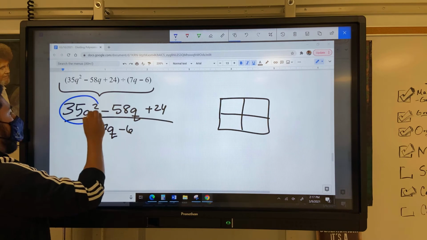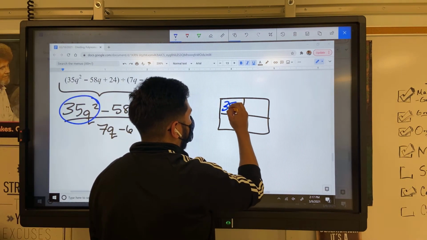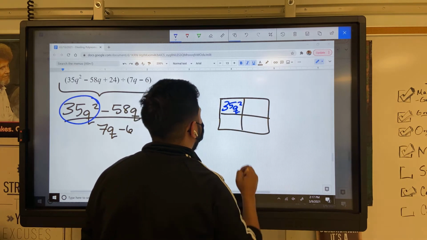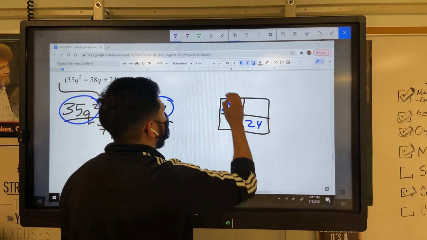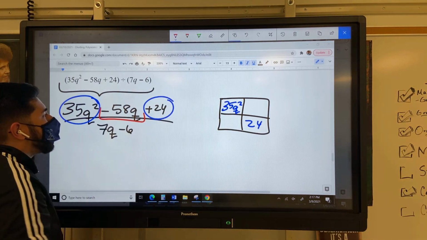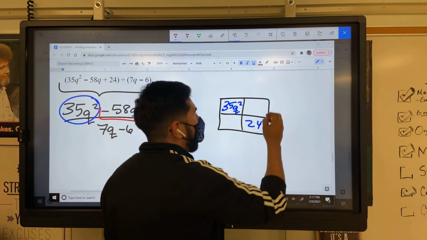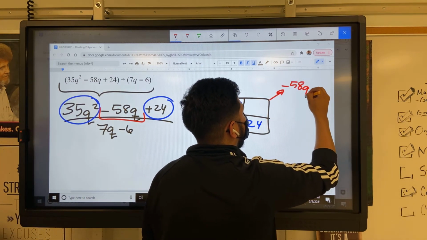Here we go, 35q squared, 24. The middle parts add to negative 58. Be careful. Negative 58q.